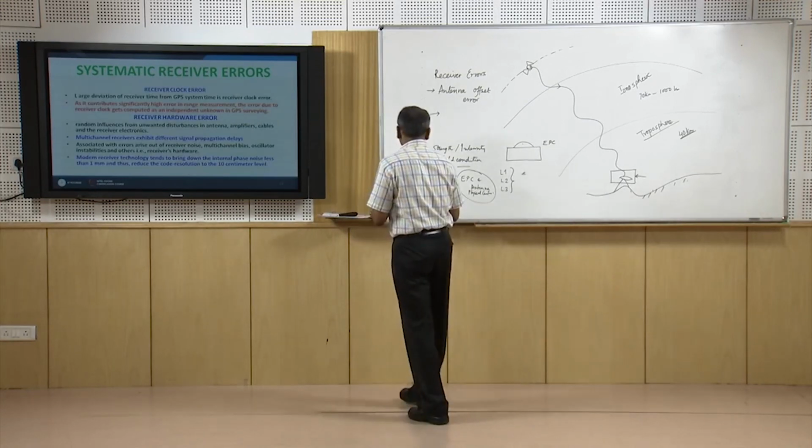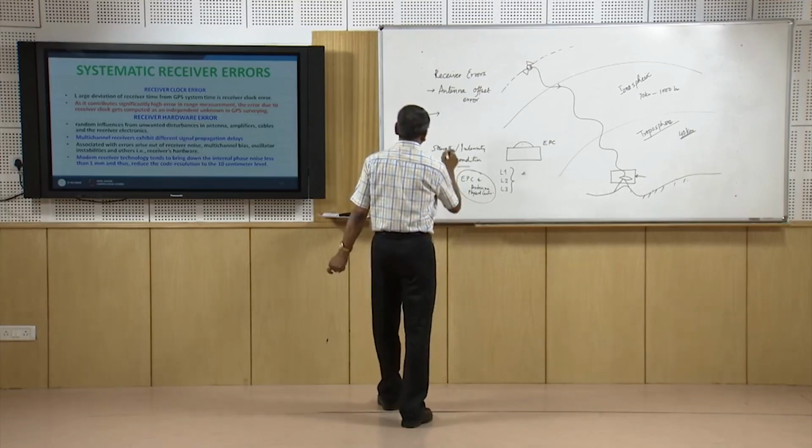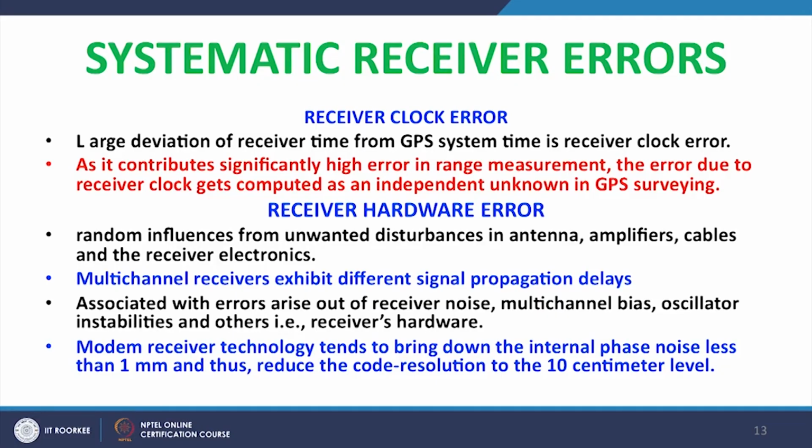Next one, which is the most important of all errors, is the receiver clock error.